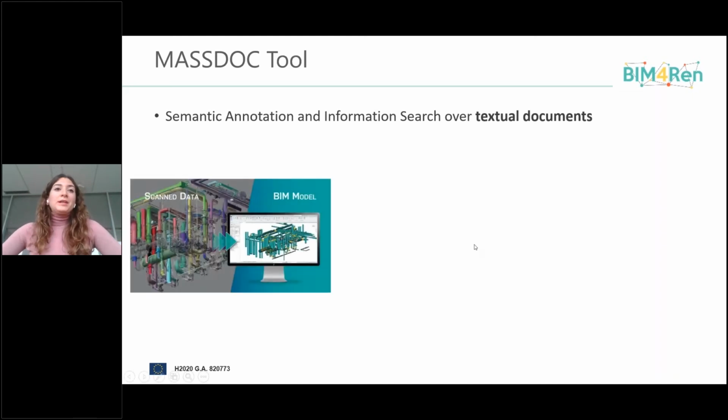Nowadays we have many advanced tools for data acquisition of existing buildings. For example, we have scanning tools, which can automatically generate BIM models. These models may contain geometric information, such as the width and the height of the windows, but not functional properties, such as the U value of windows or the thermal transmittance, which could be very important for energy simulation activities.